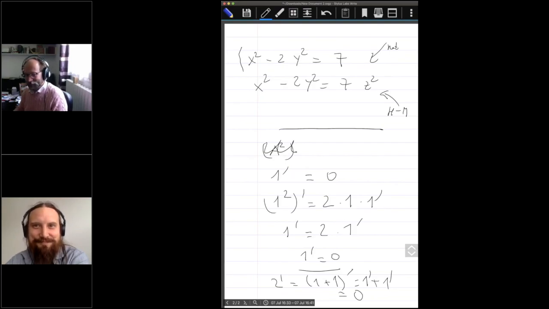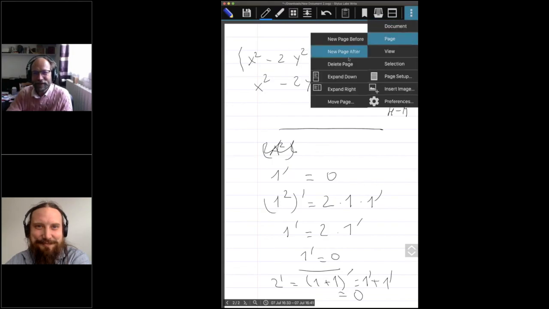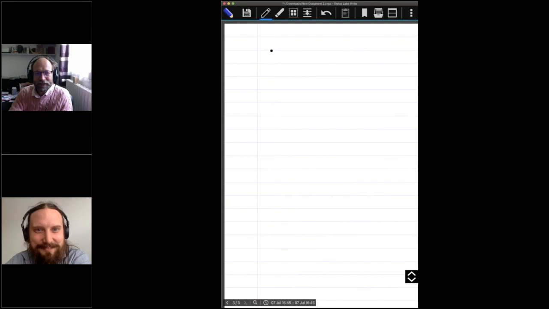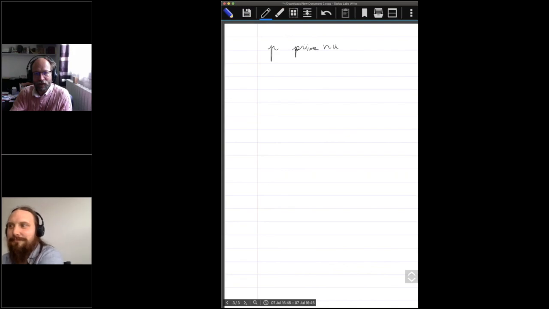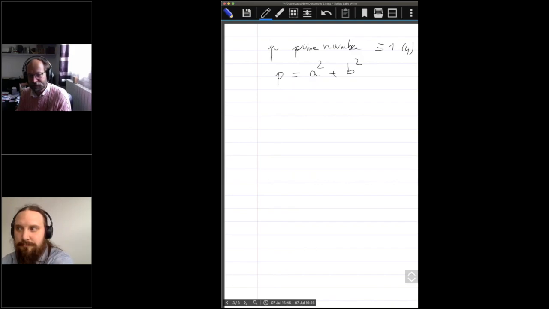But also, for example, there is a theorem of Fermat that if P is a prime number congruent to 1 mod 4, then you can write P as a sum of A squared plus B squared.